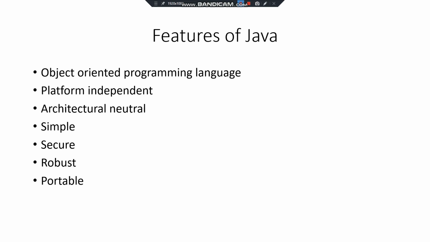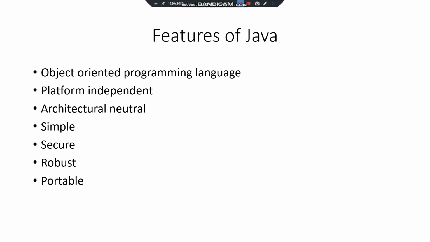The fifth is robust. Java is said to be robust because of its memory management feature, automatic garbage collection, exception handling feature, no pointer concept, and multi-threading concept.